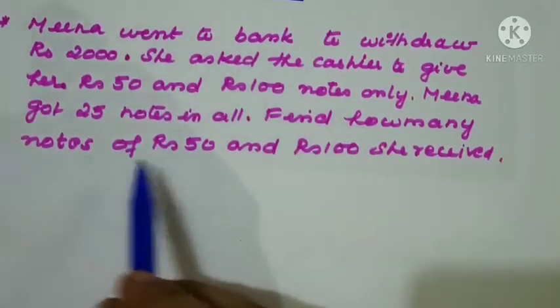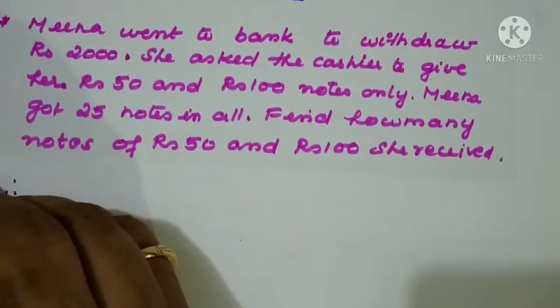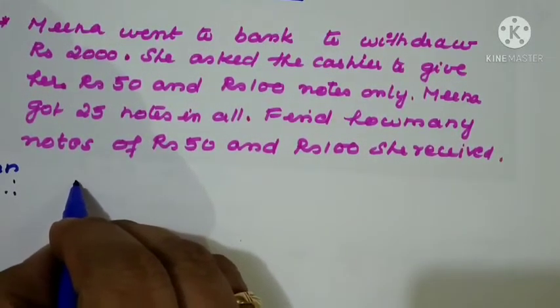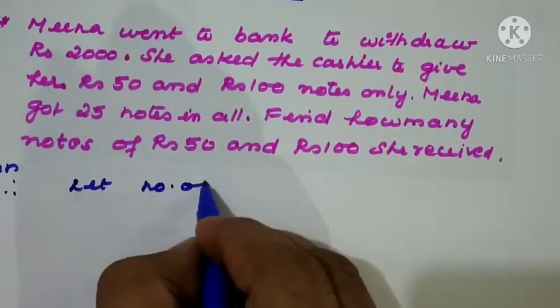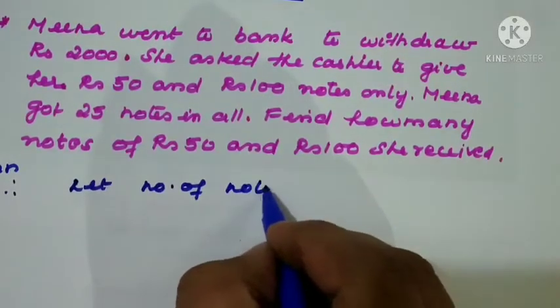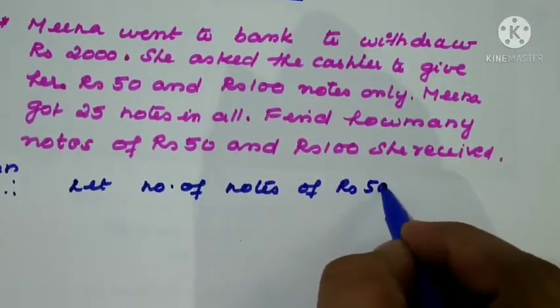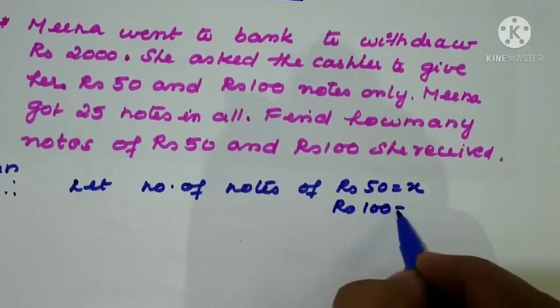How many notes of rupees 50 and rupees 100 did she receive? So what is the number of notes we have to take? So we have to assume here, let the number of notes of rupees 50 equal x, rupees 100 equal y.